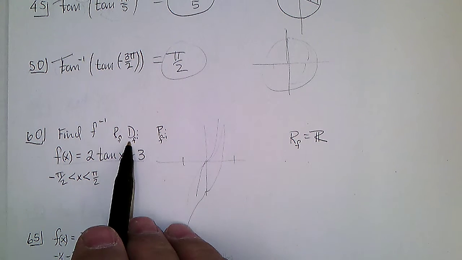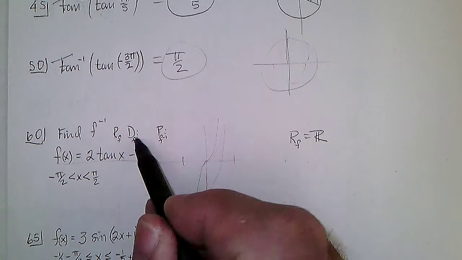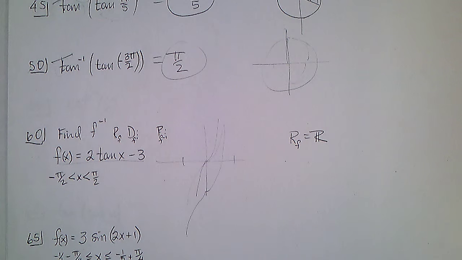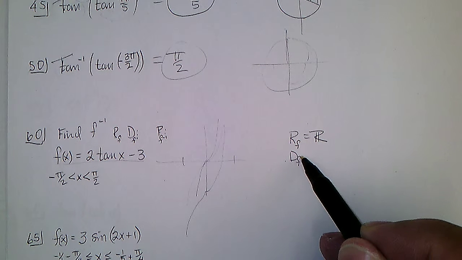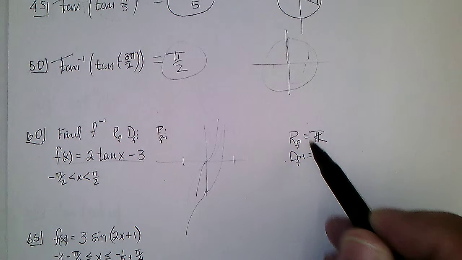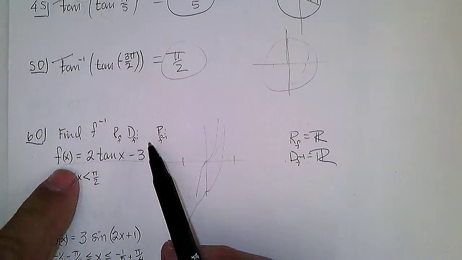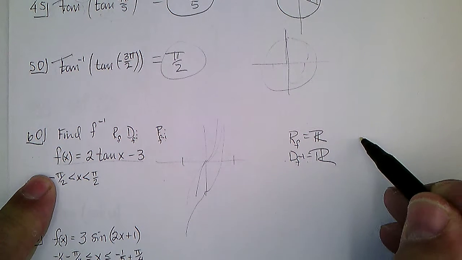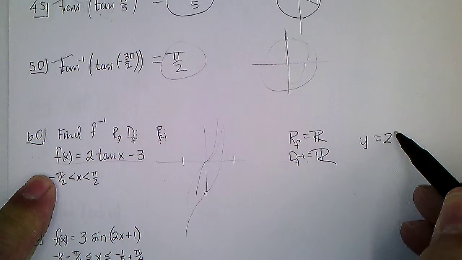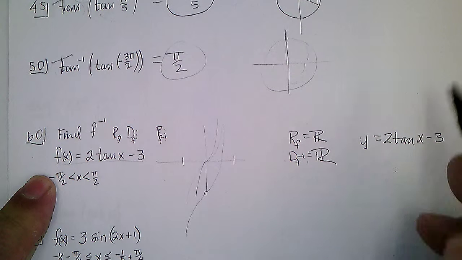And then what's the domain of the inverse? Now we have to find the inverse. But the domain of the function's inverse is going to be what the range was. It's going to be all reals. Now to find that, we let y equal this. Switch the y and x.